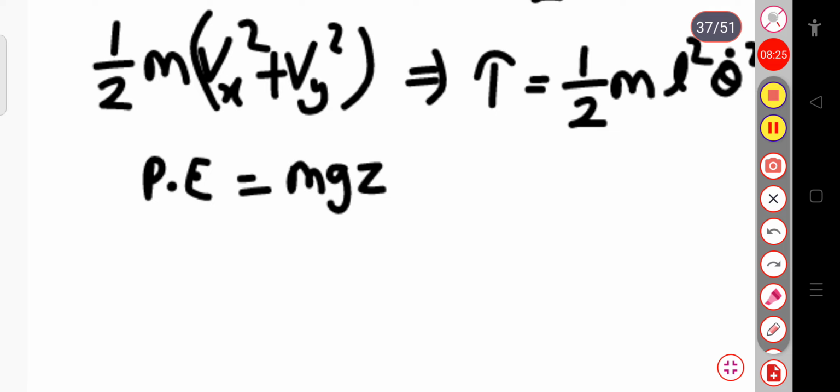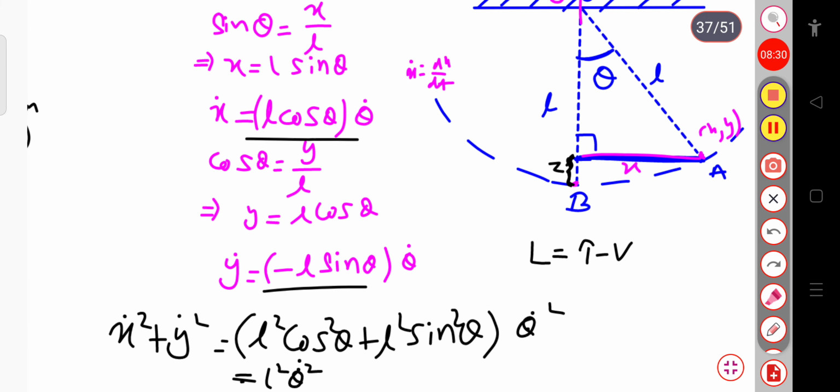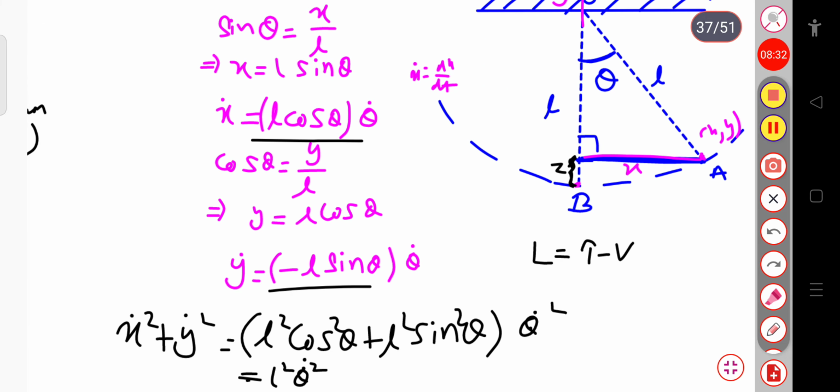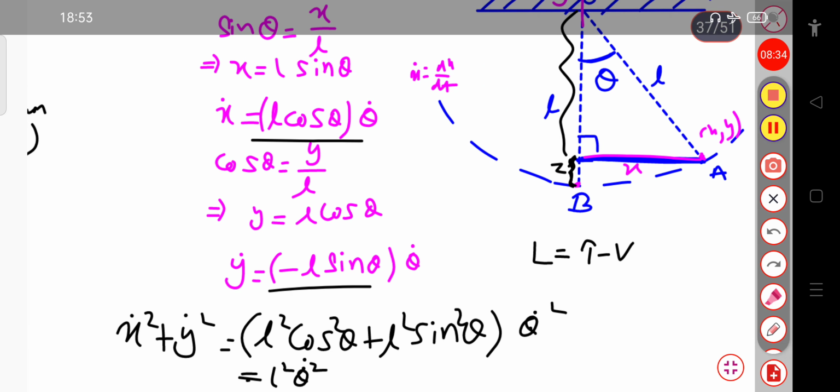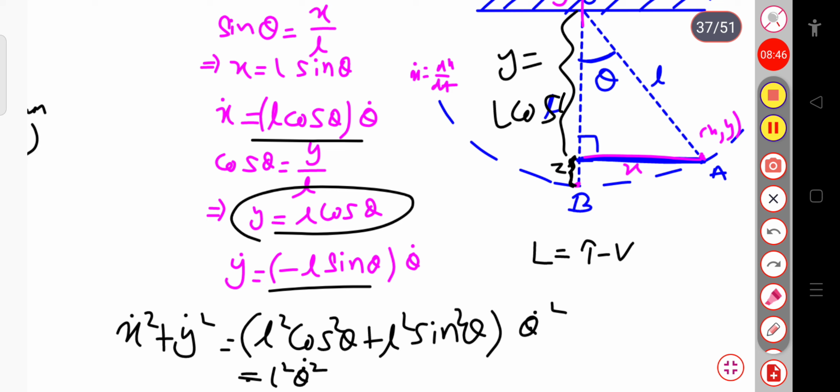Now this z equal to, you can see here. Now let me show you the distance, this much. Okay, this much distance is our y. Here we have considered this distance to be y, and this value equal to L cos theta. Only this portion is your L cos theta.